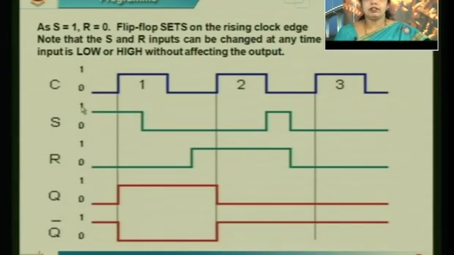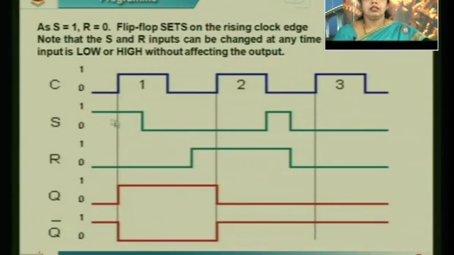Wherever S is 1 here, you can see I am drawing a vertical line. A vertical line indicates an edge. This represents the edge of the first clock transition, this is the second clock transition edge, and similarly I draw vertical lines for all edges.